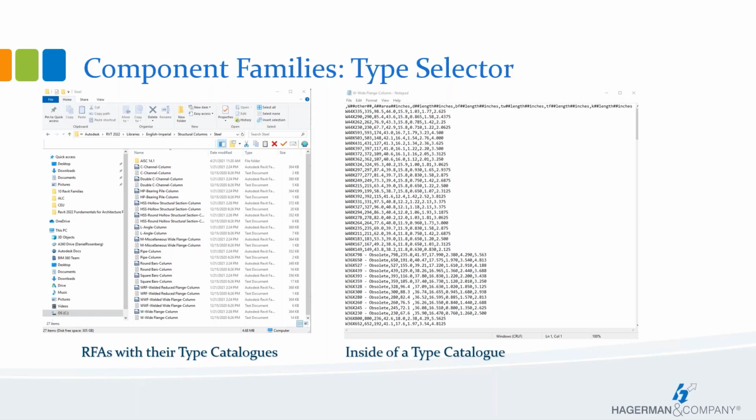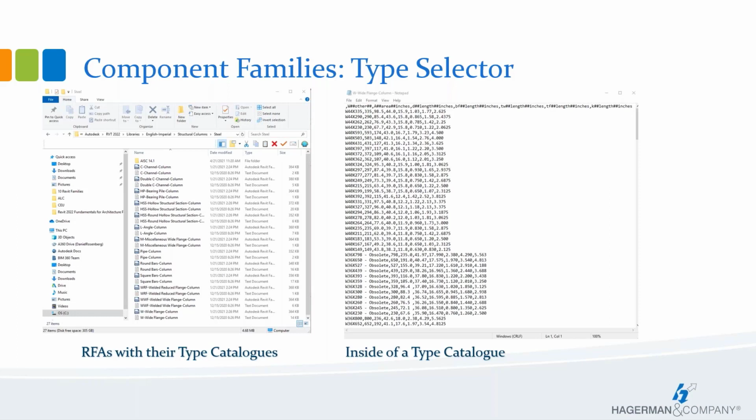So if you have ever downloaded content from the web and it had a text document like this with it, that is what those are for. So just be sure that you have both in the same directory, and it should work fine when you load in your family.